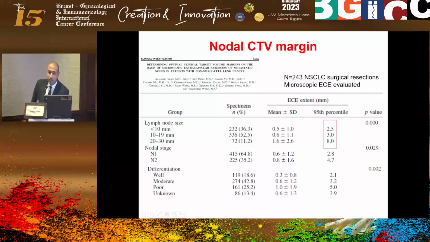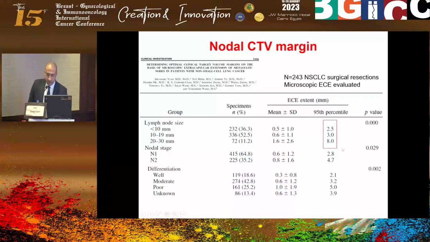And this is a less known study which does the same thing. This is extracapsular extension amongst 243 non-small cell lung cancer surgical resections. What they found is that the 95th percentile of the extracapsular extension distance depends on the size of the node. If you have a big node, more than 2 centimeters in size, you need 8 millimeters, while if you have a node which is less than a centimeter, you need a smaller margin.